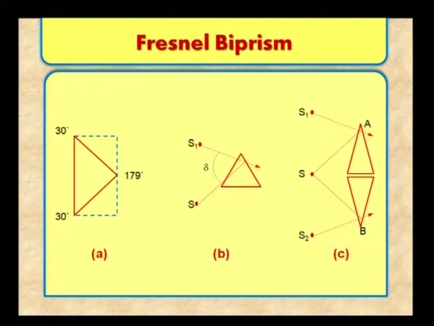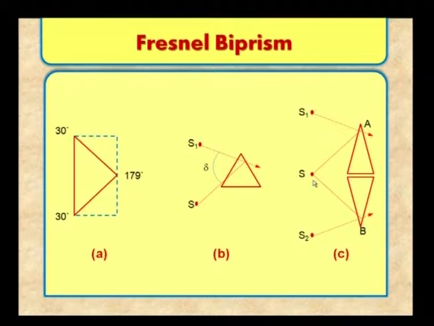The point to be remembered is you have a source S here, this is a biprism, you have 2 prisms. The 2 sources S1 and S2 are the virtual sources which are obtained from the single source S.